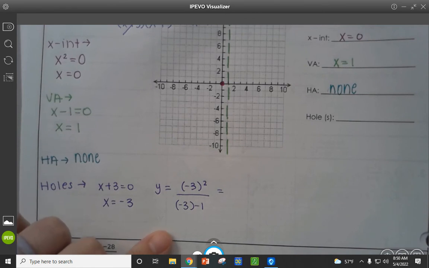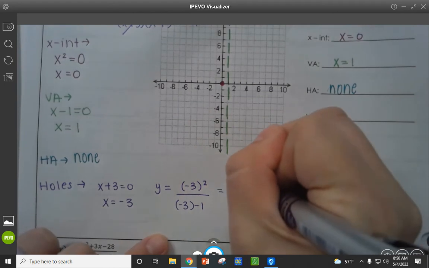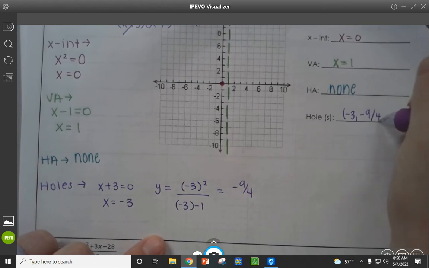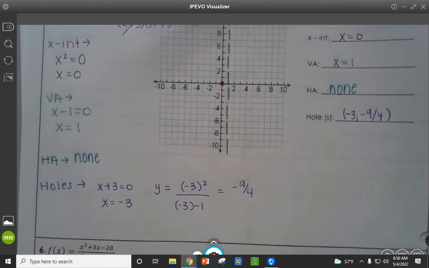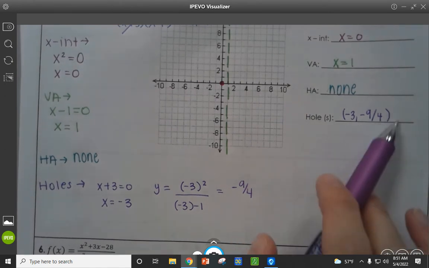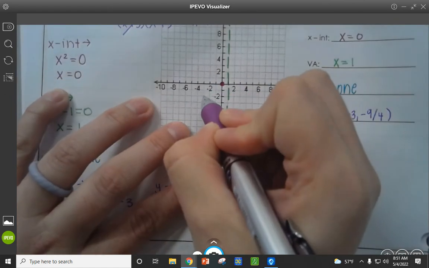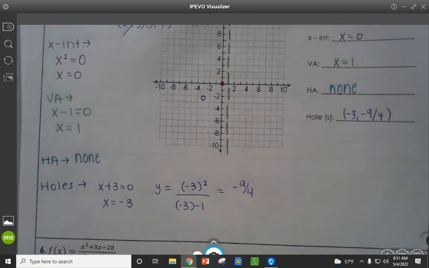You could also use your store button here. And you should get -9/4. And that's a little bit over -2. So if you just go to -3 and just a little bit past -2, that's close enough.